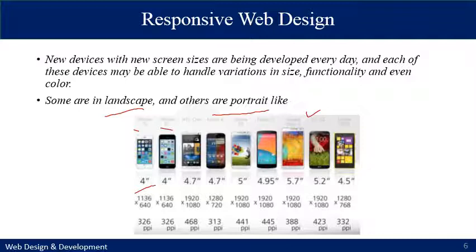But if you look at the dimensions, they can vary from one phone to another. Another thing to consider is the PPI, that means pixels per inch. So you have to design your website in a way that caters to the need of screen size and the resolution or pixels per inch described for each device.